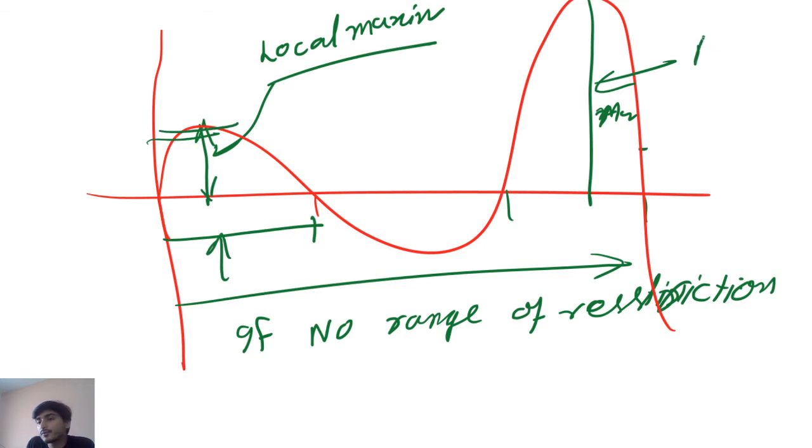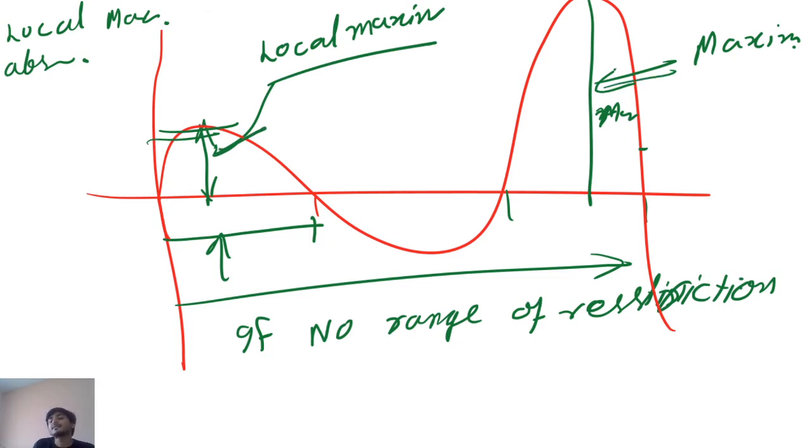So this will be known as maxima. Okay, so there are 2 points, one is local maxima, and another is absolute maxima. Local maxima is this one, and absolute maxima is this one.